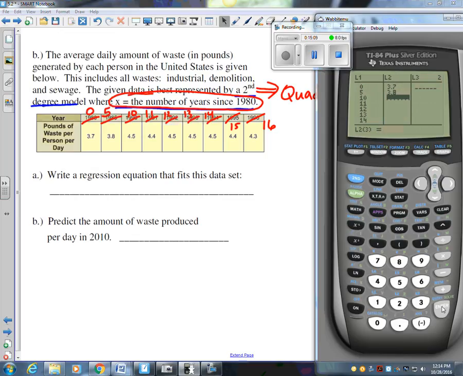3.7, 3.8, 4.5, 4.4, 4.5, 4.5, 4.5, 4.4, 4.3. All right, it wanted a quadratic, so when you go over to calc, down to number 5, and we're going to go 3 decimal places.